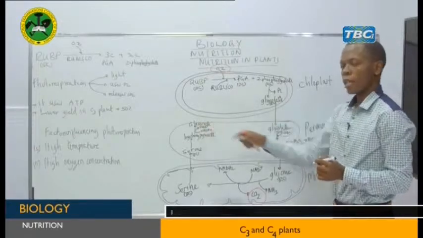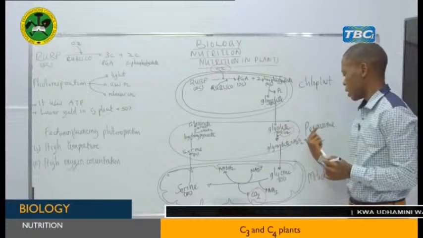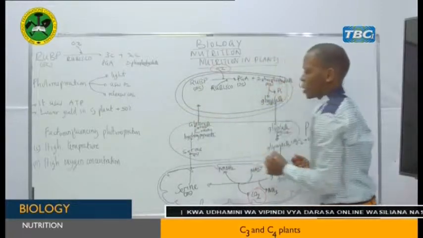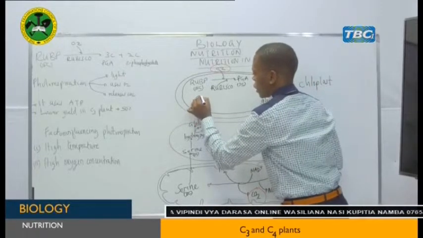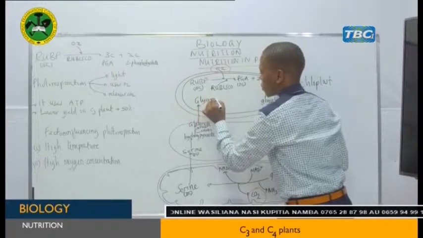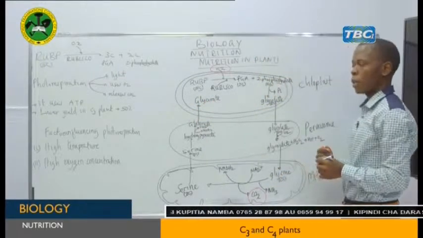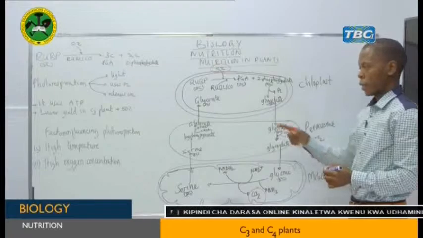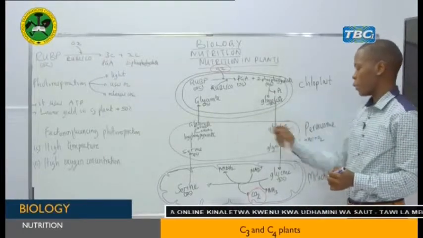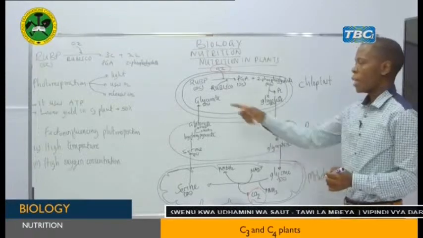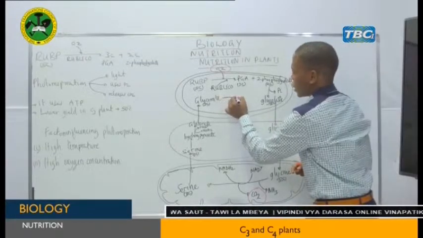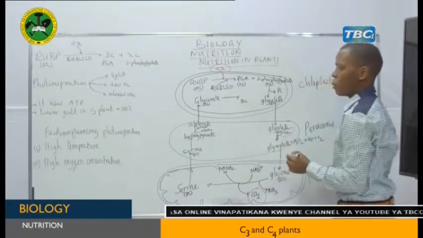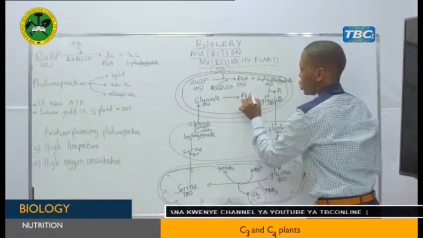Yes, now we have this glycerate. After formation of this glycerate in the peroxisomes, this glycerate is transported to the chloroplasts. Remember that this glycerate is a 3-carbon compound. After transportation of this glycerate from the peroxisomes into the chloroplasts, this glycerate again is converted into another 3-carbon compound known as PGA.